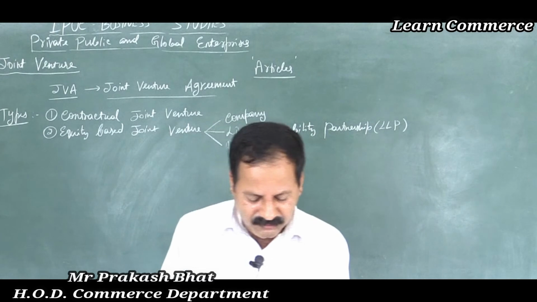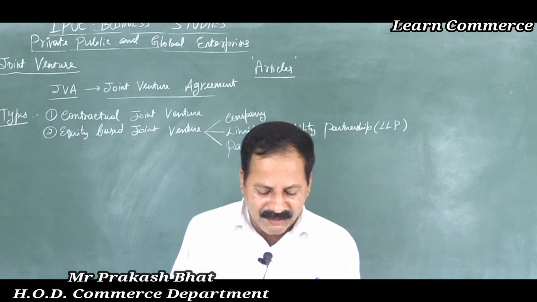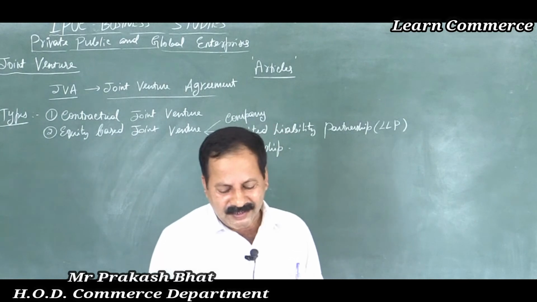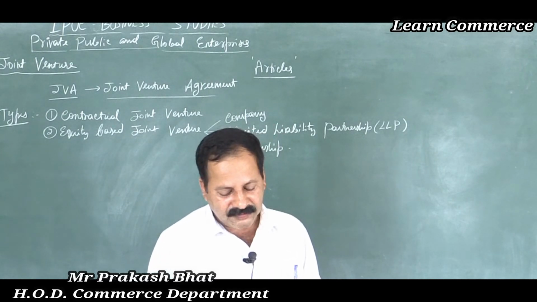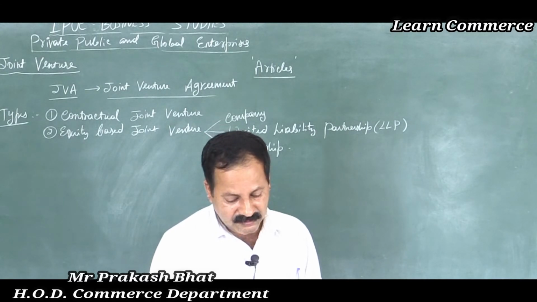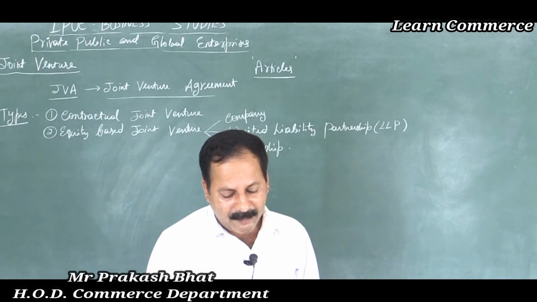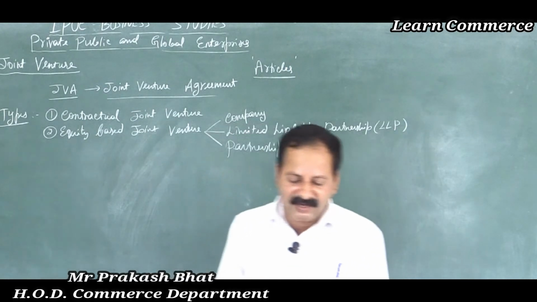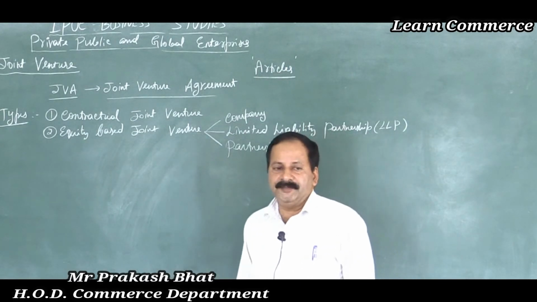Then ownership will be shared by the parties, sharing the management of the entity jointly. Responsibility regarding capital investment and other things will be shared. Profit and losses also will be shared.